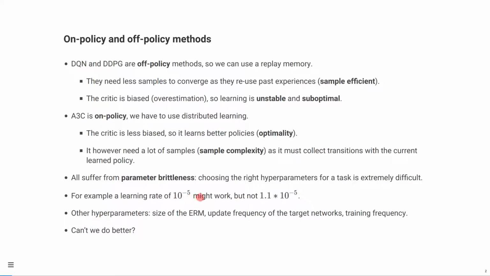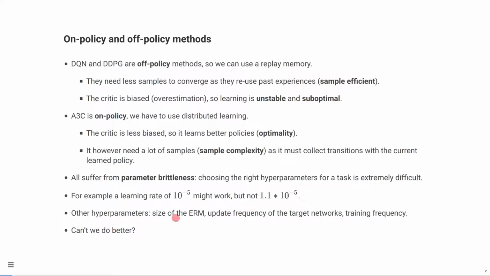Maybe you lose 1 or 2% accuracy, but it's not as dramatic as in DRL, where if you use a learning rate of 10 to the power of -5, you may find a policy, but if you just use 1.1 times 10 to the power of -5, it's not going to learn at all.